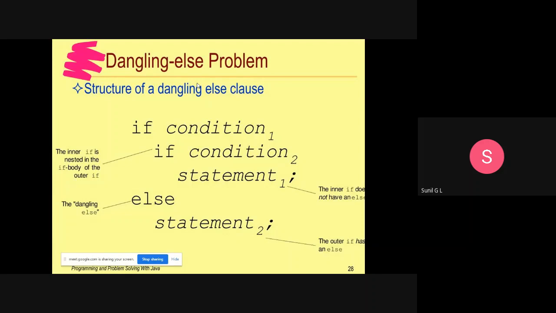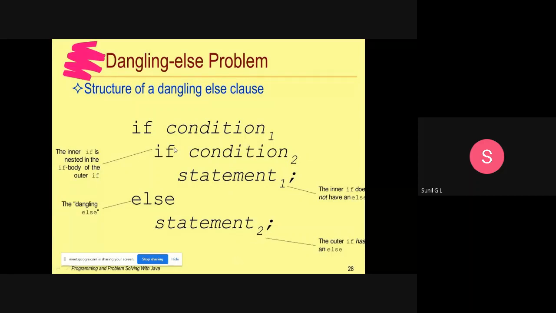Okay, see here, in a program we are using n number of nested if else statements. We have taken an example: if condition 1, and inside that we have if condition 2. If it is true, execute statement 1, else execute statement 2.